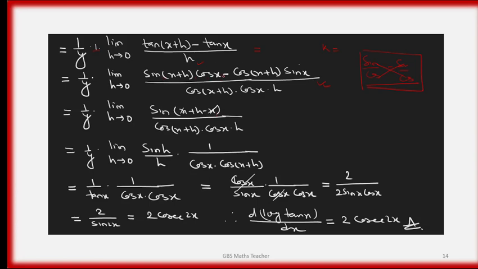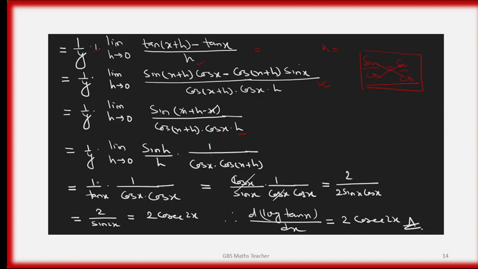Then sine a cos b minus cos a sine b is sine of a minus b, where a is x plus h and b is x, and the denominator is cos of x plus h times cos x times h. x cancels, and we get 1 by y, limit h tends to 0, sine h over h times 1 over cos of x plus h times cos x.